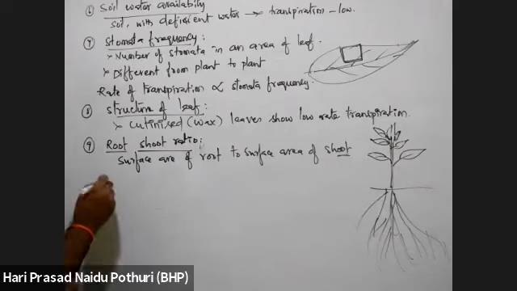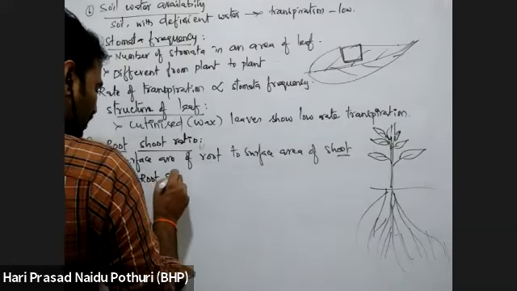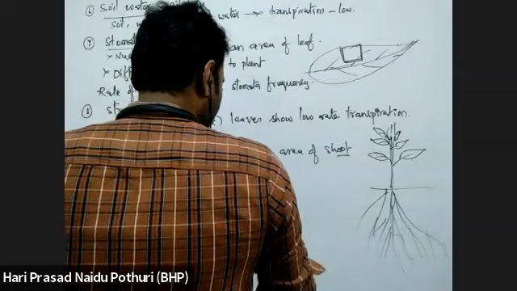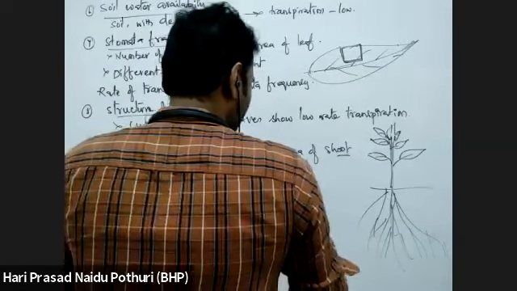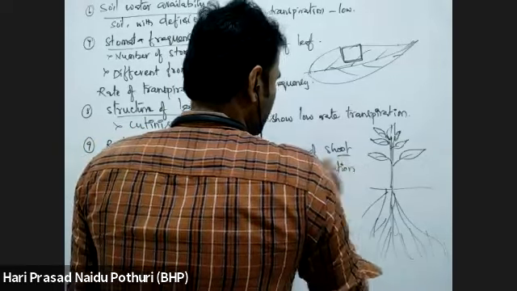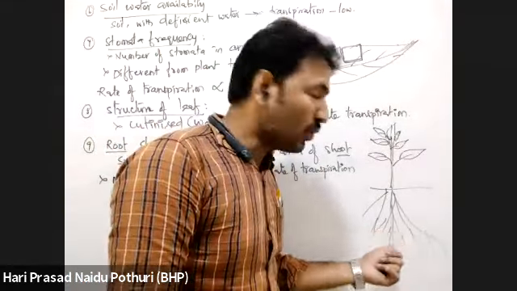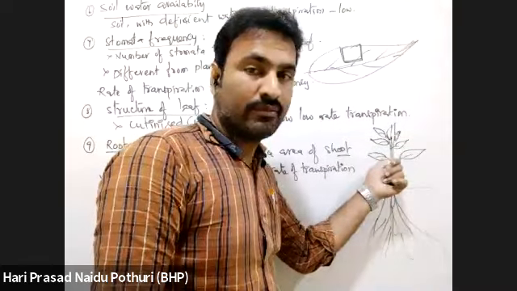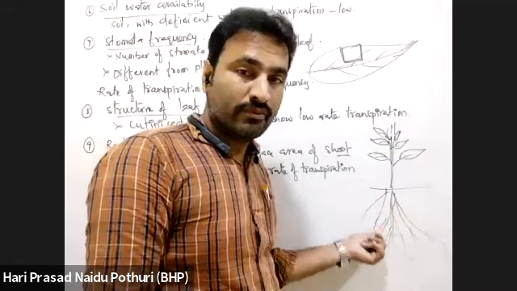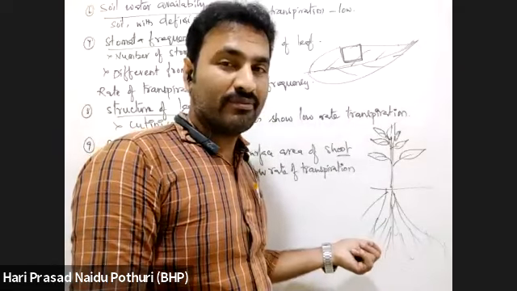If root shoot ratio is more, then transpiration rate will be high. Why? Root shoot ratio is more means the plant has more roots than leaves. When roots are more than leaves, absorption of water by roots is more.